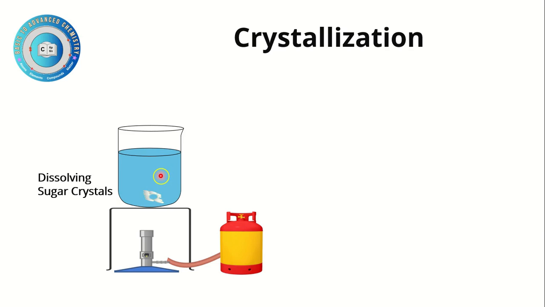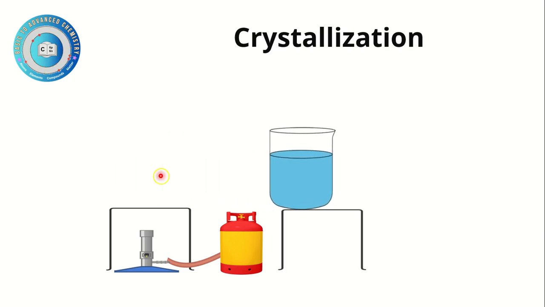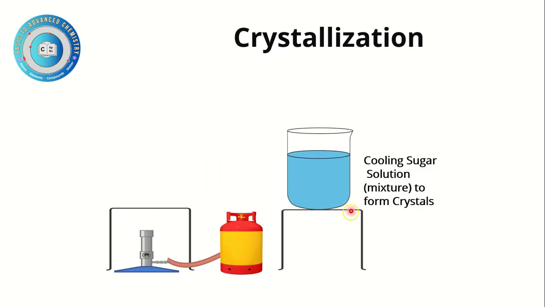Once they are completely dissolved, we remove this from the heating source and let it cool slowly. Then gradually the sugar crystals form in the solution while the impurities remain in the solution. Finally, once the pure crystals of sugar are formed, we can separate these crystals by using decantation or filtration.